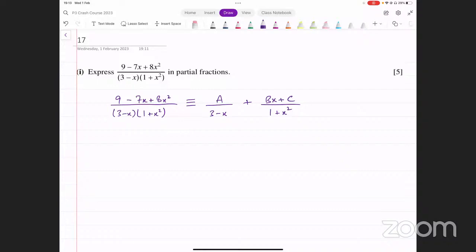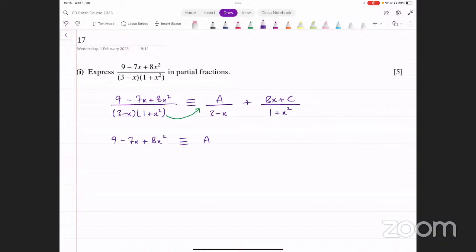Now, what you do is you multiply the denominator on the left side with each fraction on the right side. Okay, you take it to the right side there. Now, what are you going to be left with when you do this? 9 minus 7x plus 8x squared, that is identical to A times, when this thing gets multiplied on the other side, 3 minus x and 3 minus x are going to get cancelled.